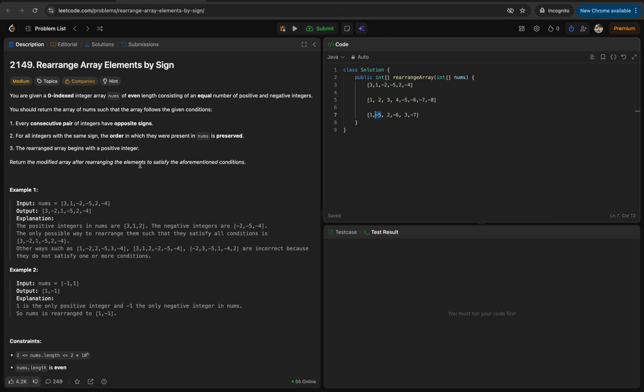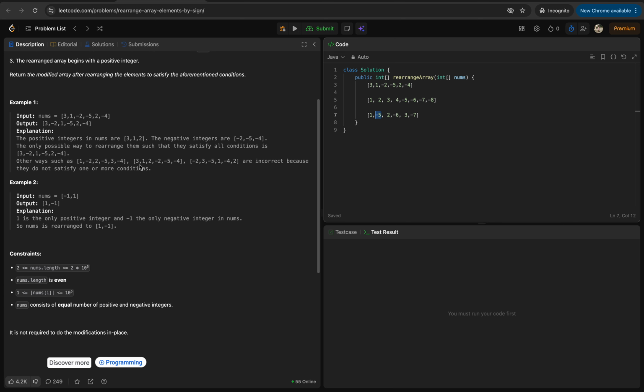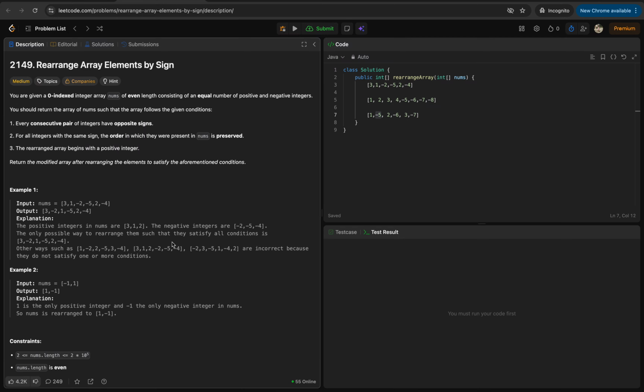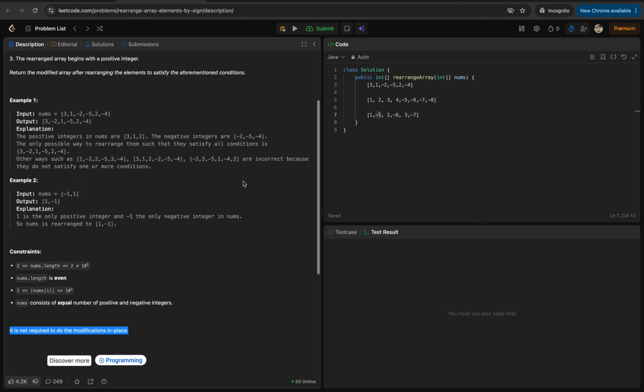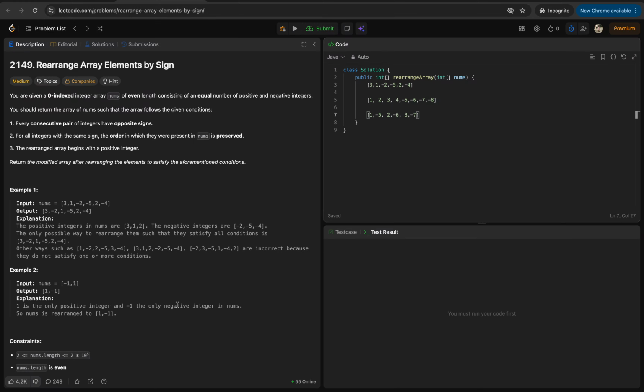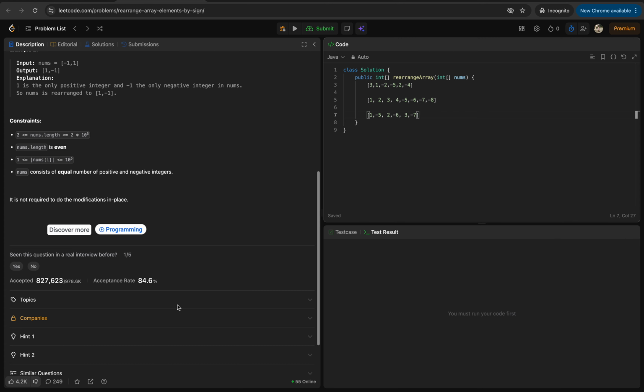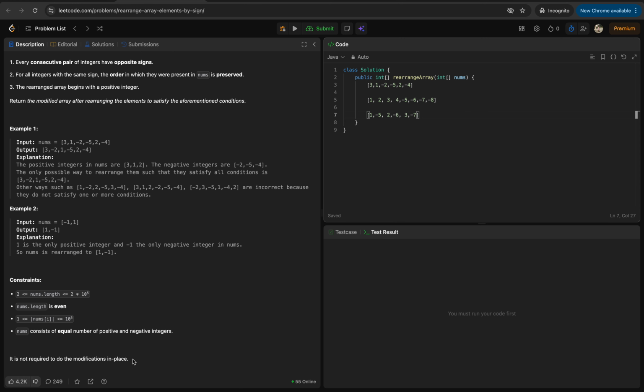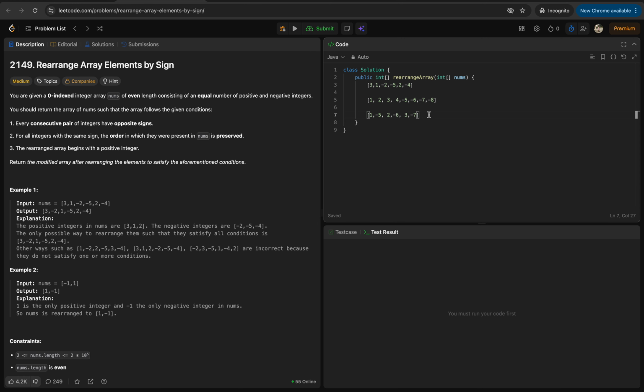Modify after rearranging the elements to satisfy the condition. If we have to use a separate array, then what's the issue? The earlier solution was good enough. But is it not possible to do it without using extra space? It's not required to modify in place.